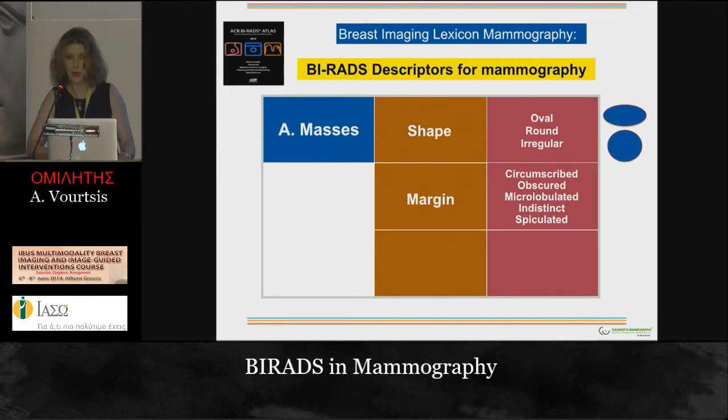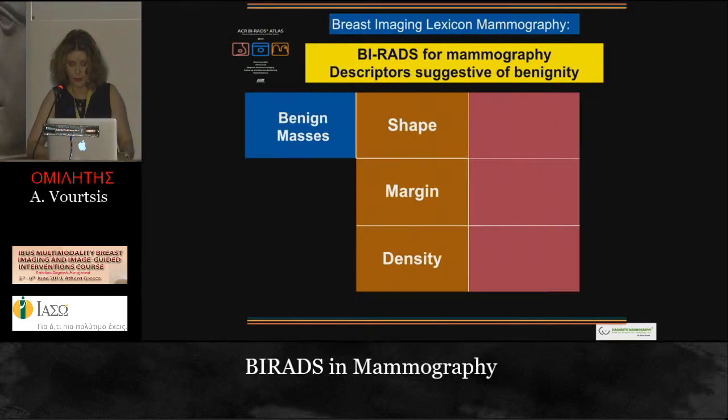The shapes of masses are classified as oval, round, or irregular, and the margins might be circumscribed, obscured, microlobulated, indistinct, or spiculated. And for density, masses may appear as high density, equal density in relation to the adjacent breast tissue, as low density, or as fat-containing masses.